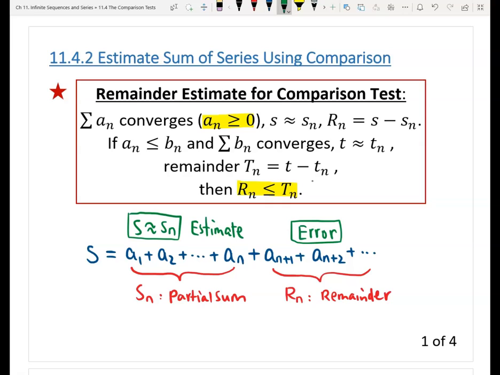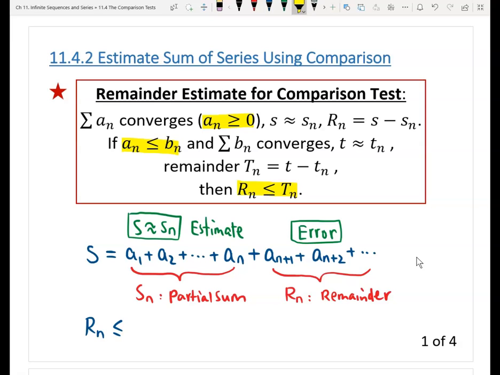Now we look at the comparison. We see this remainder Rn, which is the remainder for the A series. I say this is controlled by what? Where is Rn? Rn is here, right? Let me highlight this part, because each term in the A series is controlled by the corresponding term in the B series.